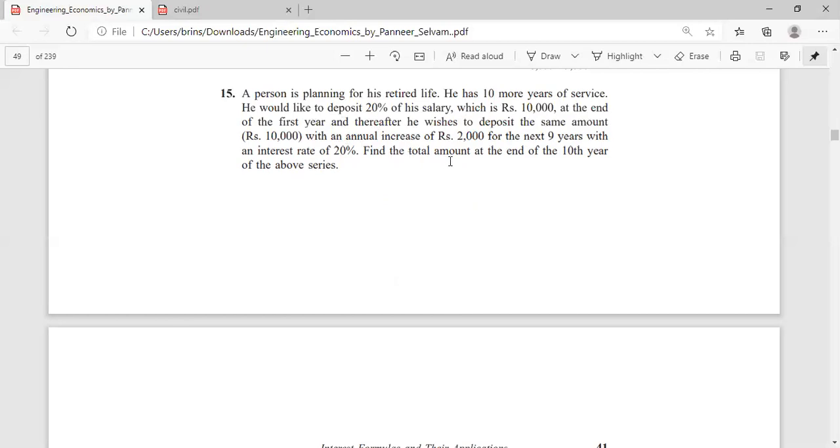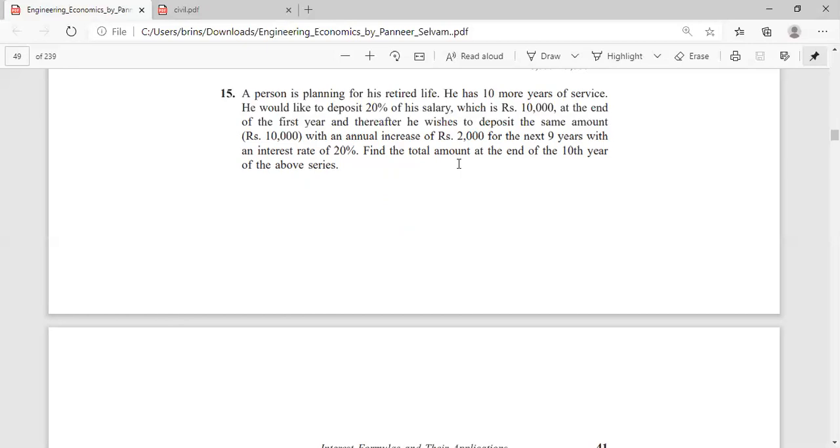Find the total amount at the end of the 10th year of the above series.